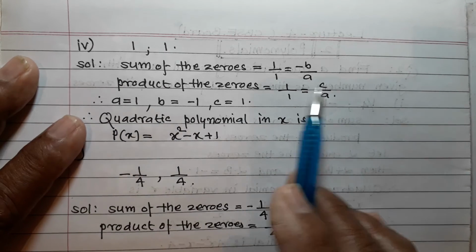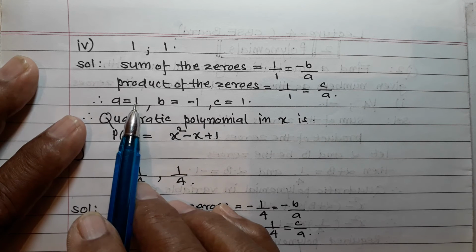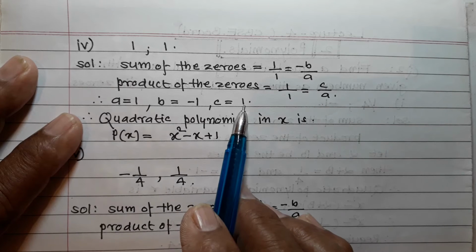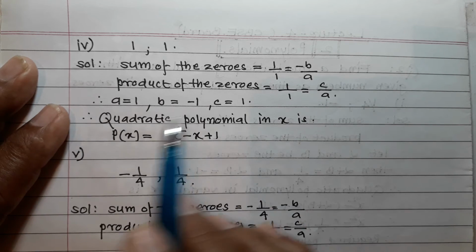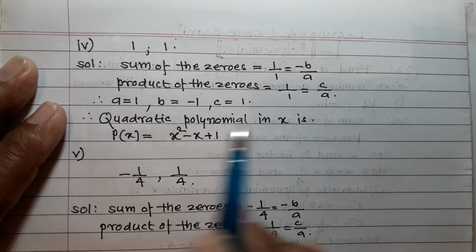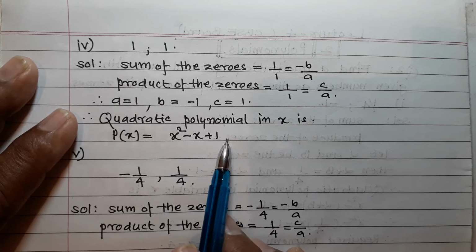And therefore if you compare a, b, c, a is equal to 1, b is equal to minus 1 and c is equal to 1. And therefore the quadratic polynomial in x is p(x) equal to x square minus x plus 1.